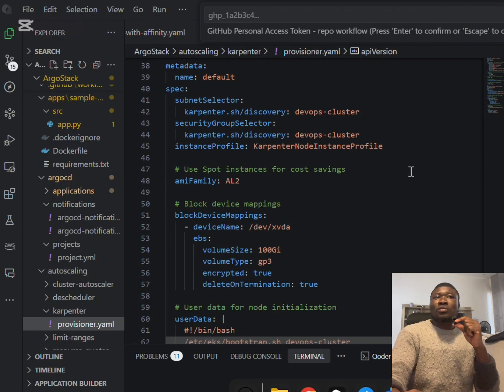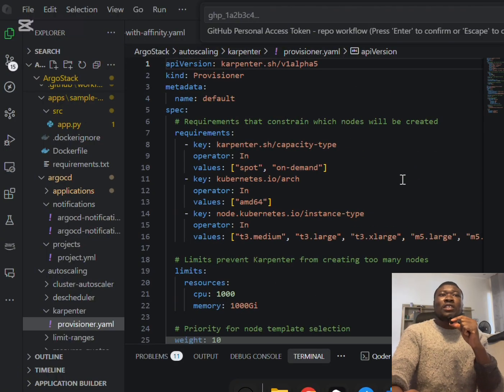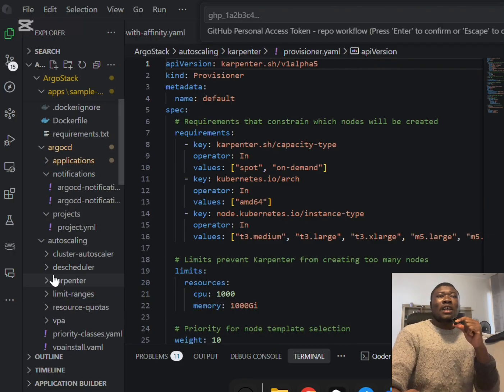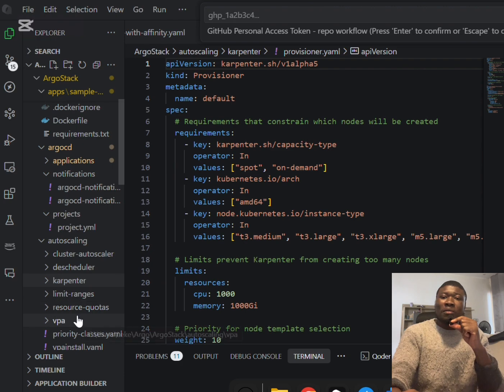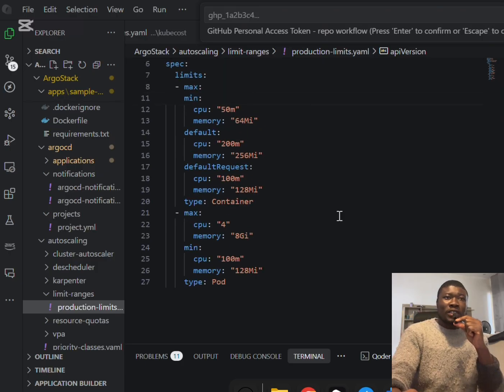I've also integrated security and compliance, automating security scanning with Trivy to catch vulnerabilities, secure credential management, and network isolation with Kubernetes network policy.